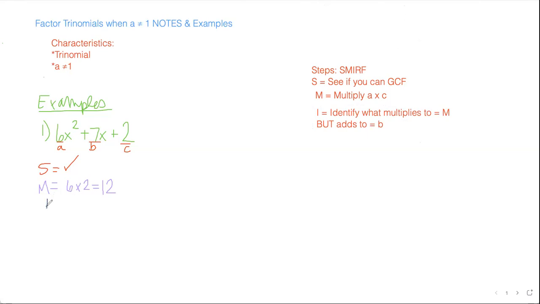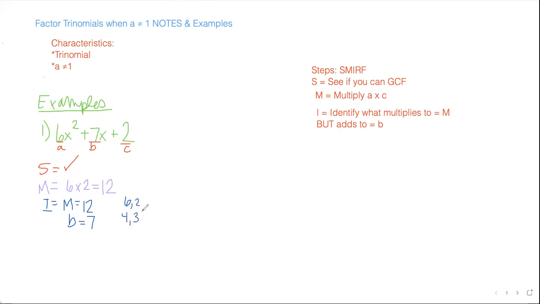Okay, so step I here. What multiplies to be M? Remember, my M is 12 and my B is 7. So what multiplies to be 12, but adds to be 7? Multiples of 12 could be 6 and 2, could be 4 and 3, could be 12 and 1.